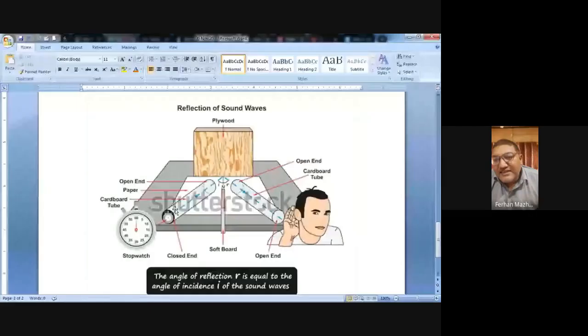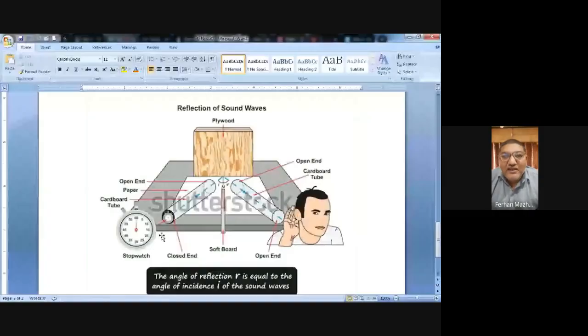I have put the clock at this end of the pipe, and the sound waves produced will travel in this pipe, strike the plywood at this point, and from this point they will be reflected. On this side I have another pipe.